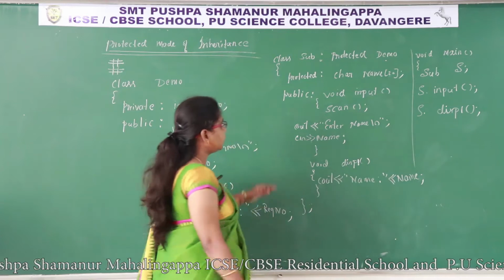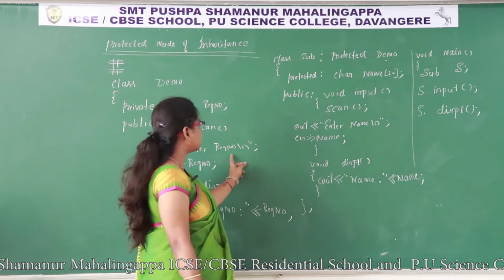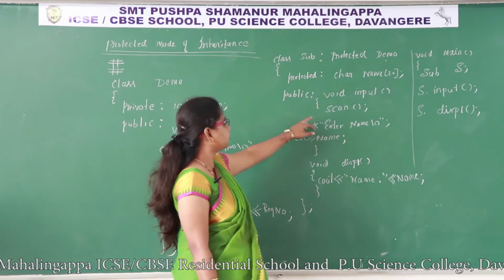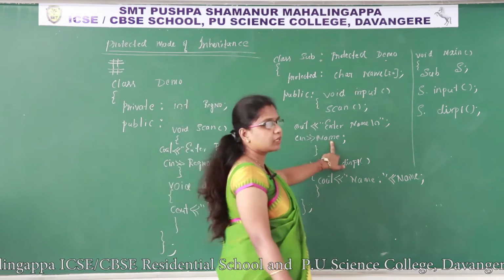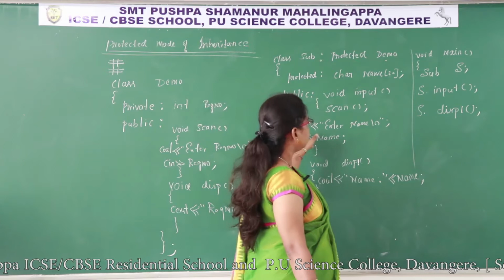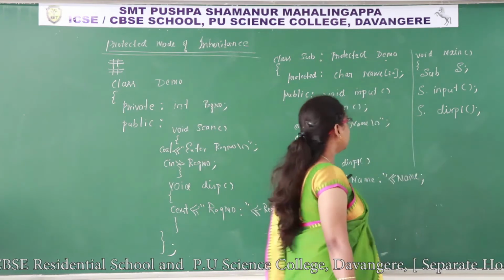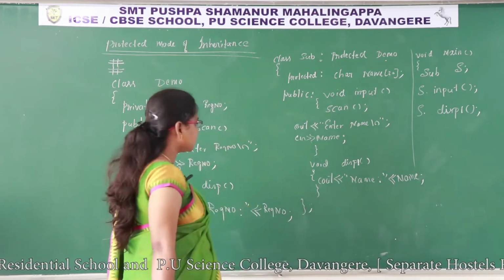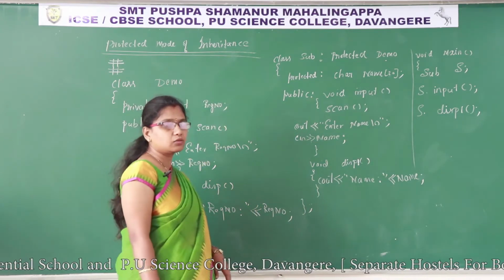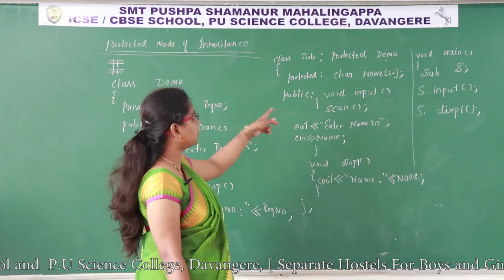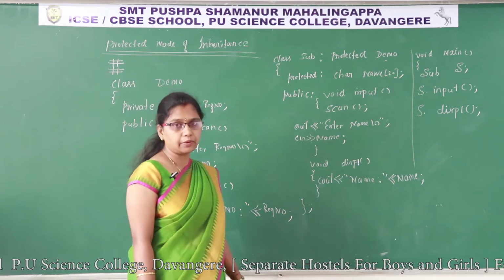Then after the execution of this, enter register number, then the user will enter a value. After that, the next statement, enter name, will be entered here. Then the next statement is s.display. Here also, I want to display register number first, later I want to display name. So the disp function has to execute first. Disp is also in the protected section of the derived class.